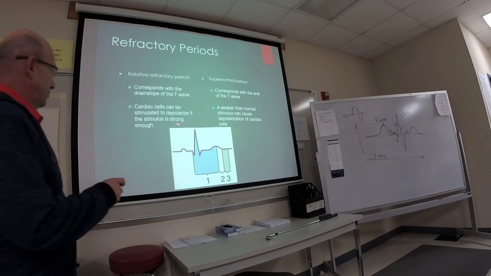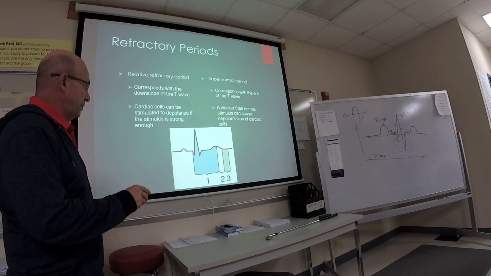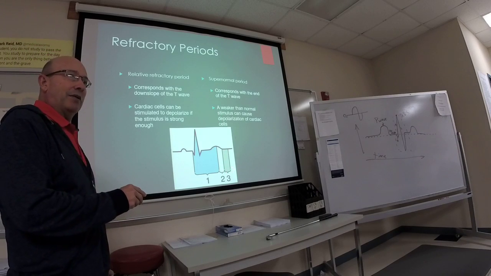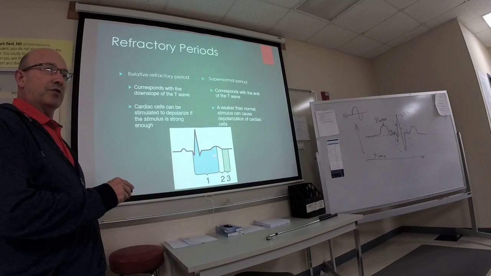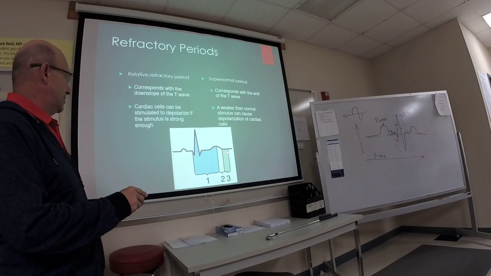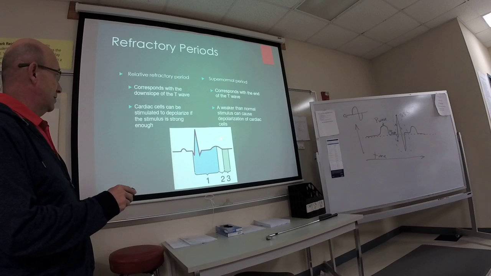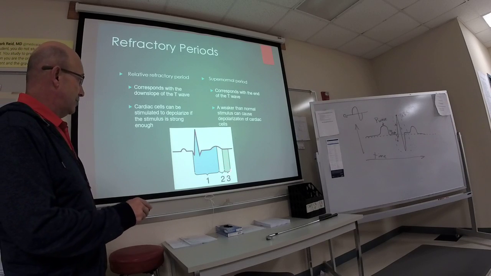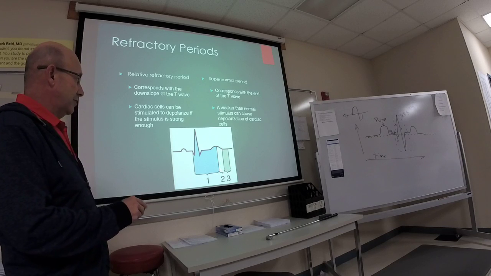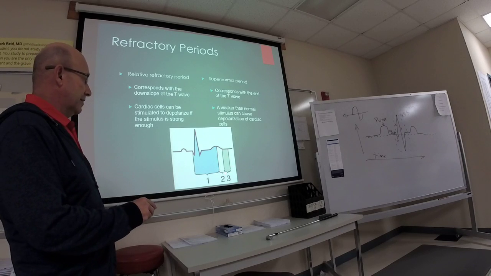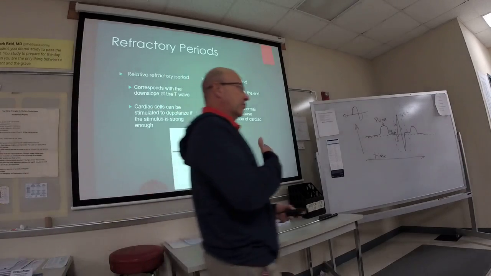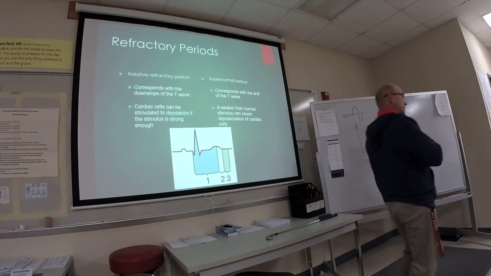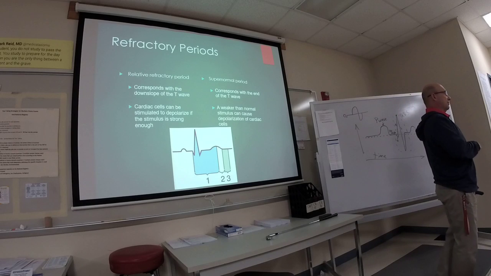So during this period right here, that's probably the best place for it to absorb the stimulus, but it can also be absorbed through the relative refractory period. So right here, 2 or 3, this is where it can be absorbed. That's the spot there that you have to be careful of.